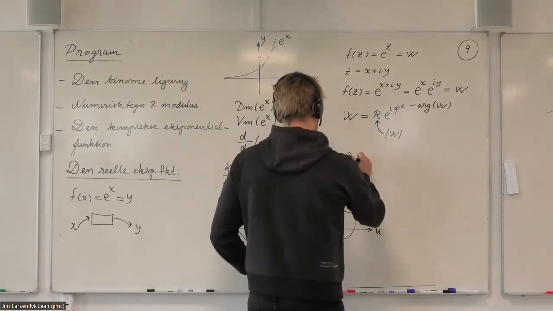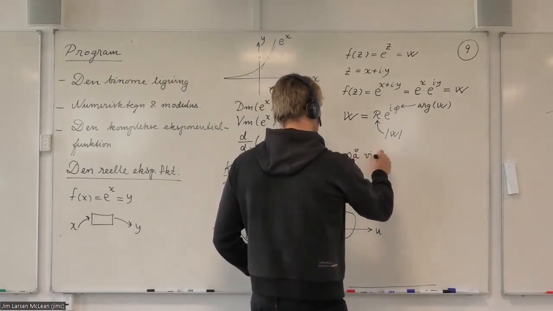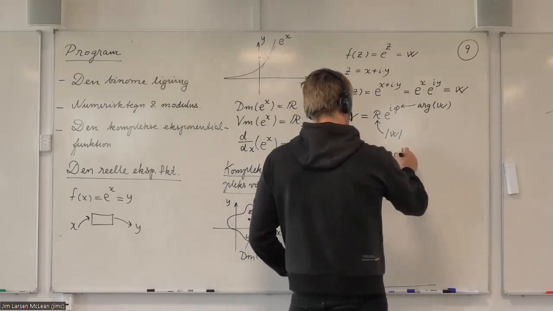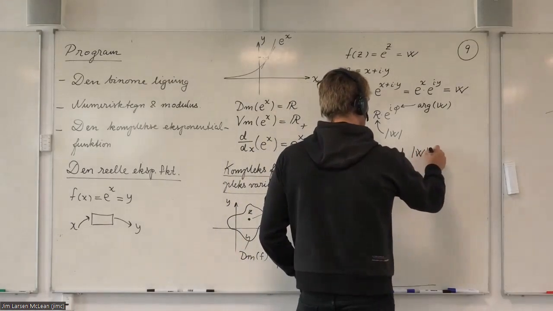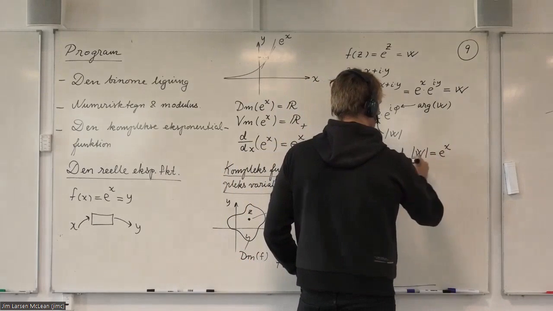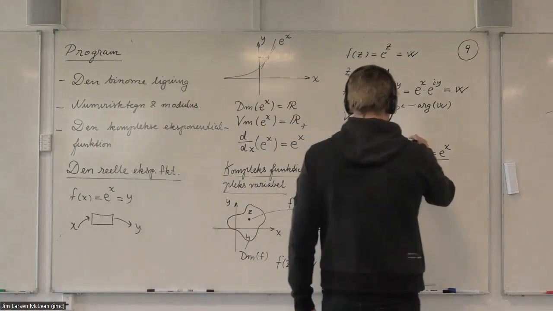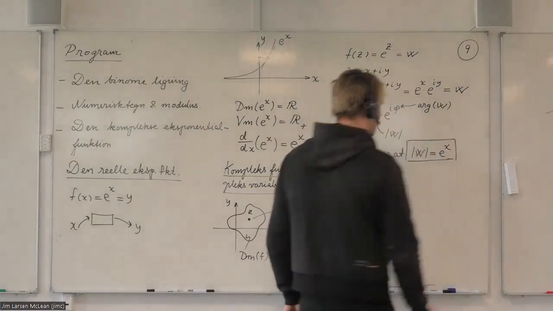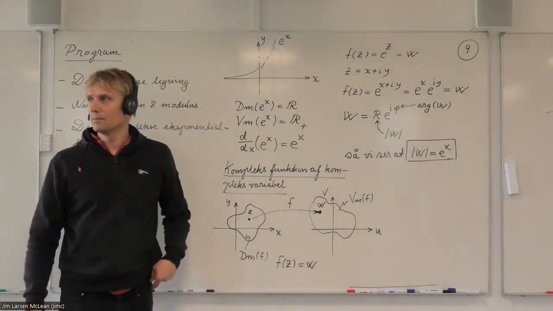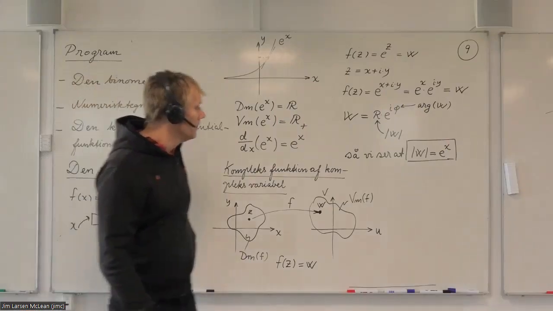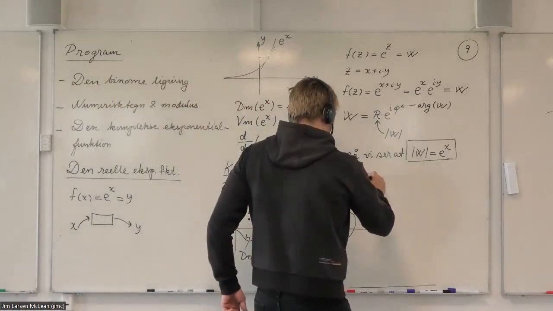All right, we see that the modulus is the absolute value of w, which is e to the x. Underline that because it's important. That was actually really important, so let's highlight that. The modulus of w is e to the x. And we notice something else.